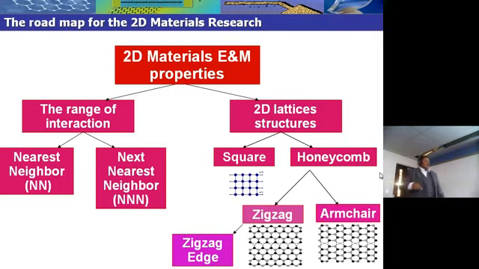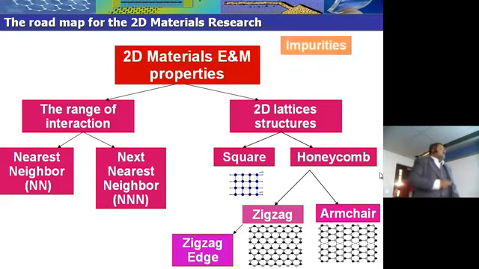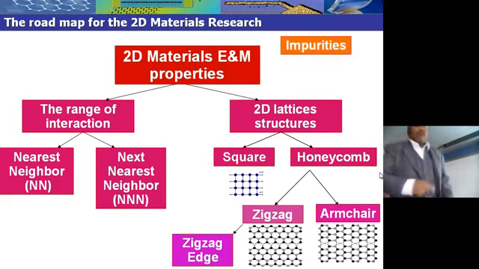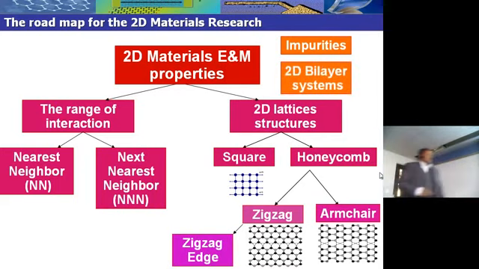After that we will add next nearest neighbor and impurities to see how to tune the electronic and magnetic properties of two-dimensional material. And finally, we will make a two-dimensional bilayer system to understand how to have very good tools to tune the electronic and the magnetic properties of two-dimensional material for applications.